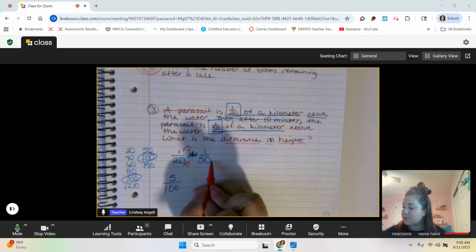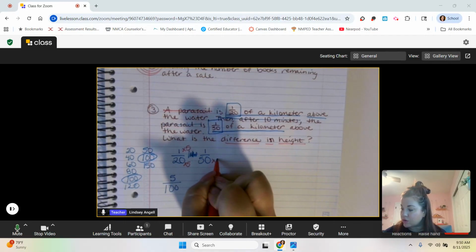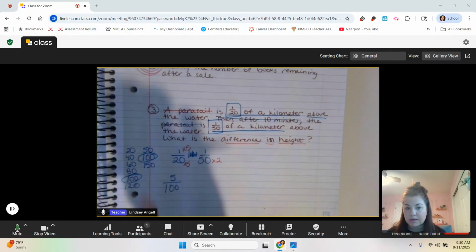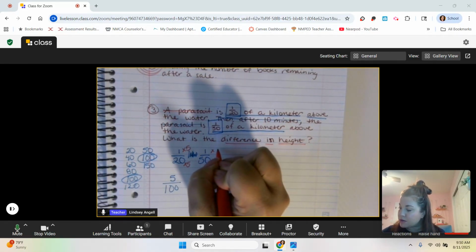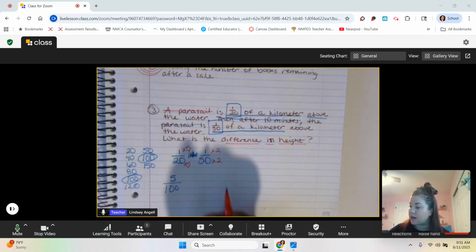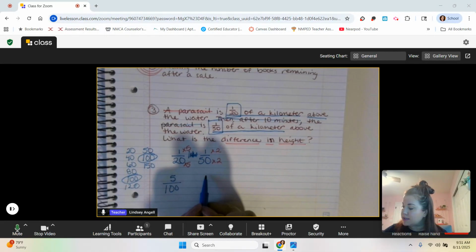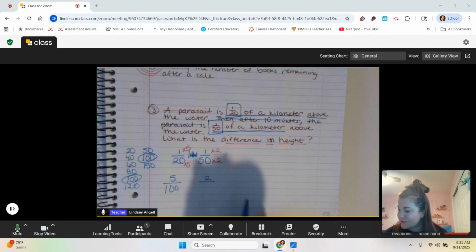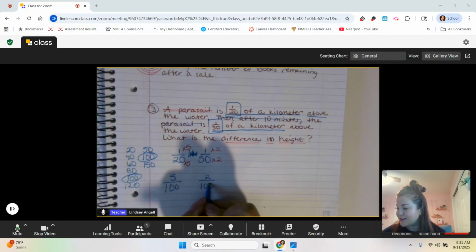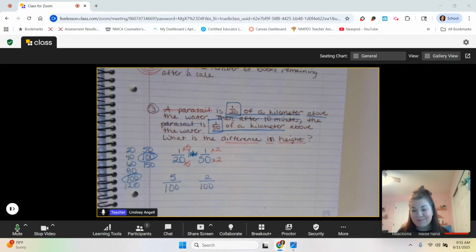Well, what do I need to multiply 50 by to get to 100? 2, right? That was my second one. Times 2. Whatever I do to my denominator, I have to do to my numerator. So 1 times 2 is 2. 50 times 2 is 100. Okay? And look at that. They were in the right order already.